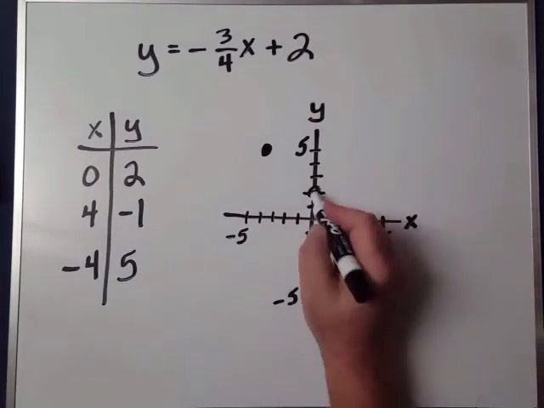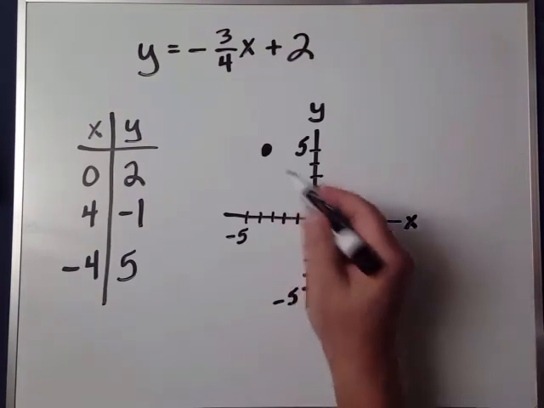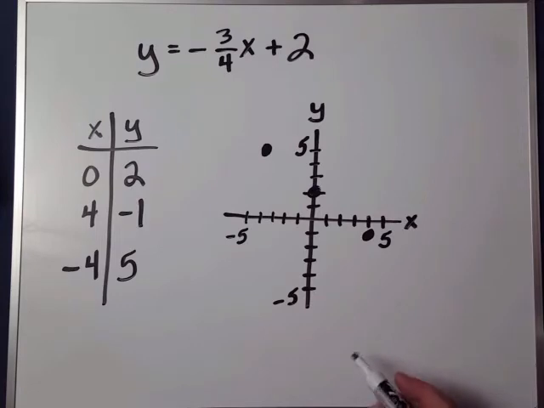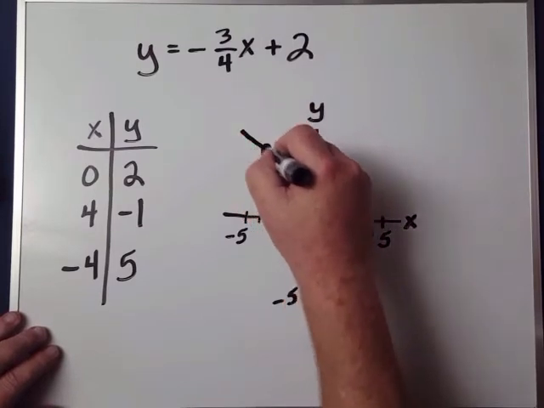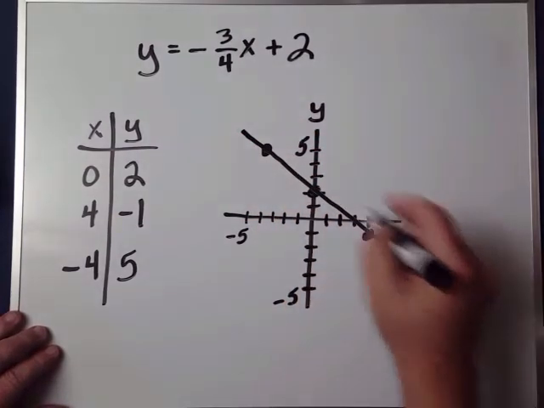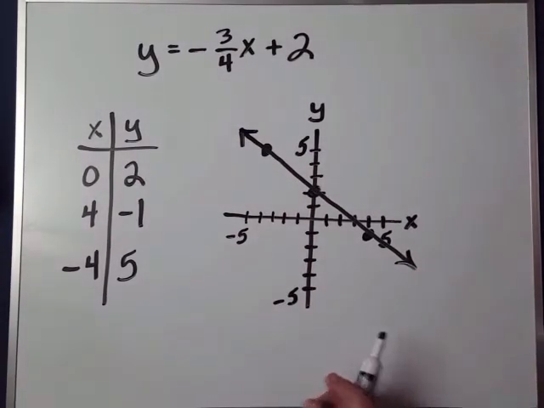If I've got a nice, neat graph, then I should find that all those points lie along the same straight line. And we graph this equation then by drawing the line that goes through those points. Again, I encourage you to use a ruler when you go to draw that line. And you're welcome to bring a straight edge to the quizzes and tests.